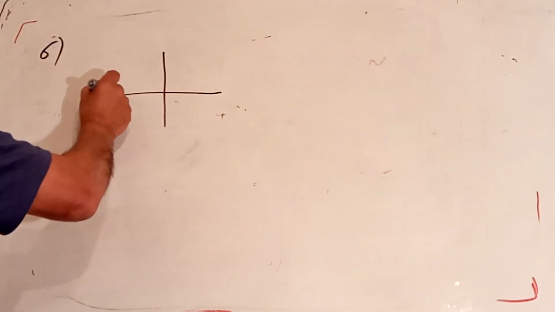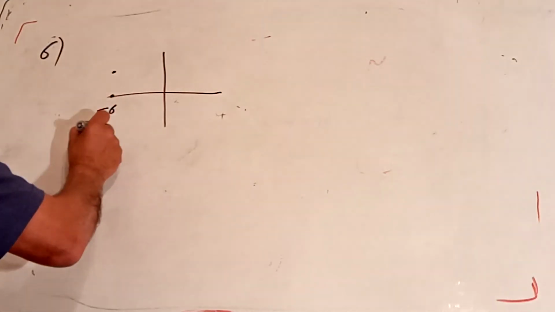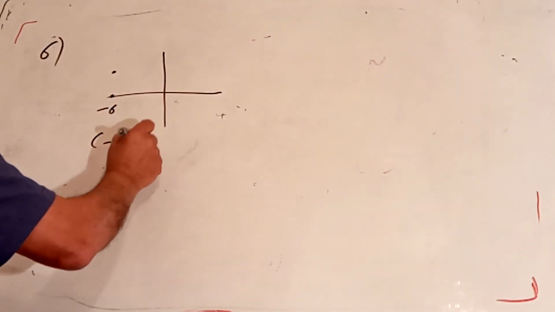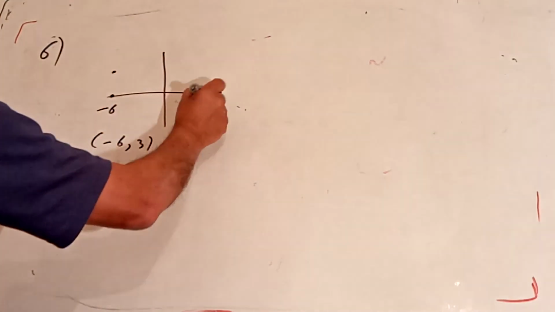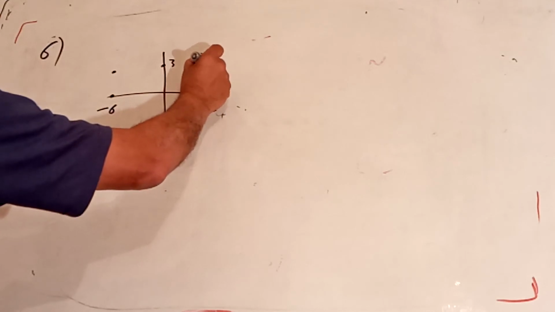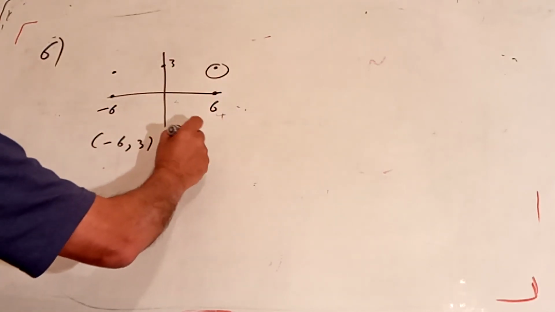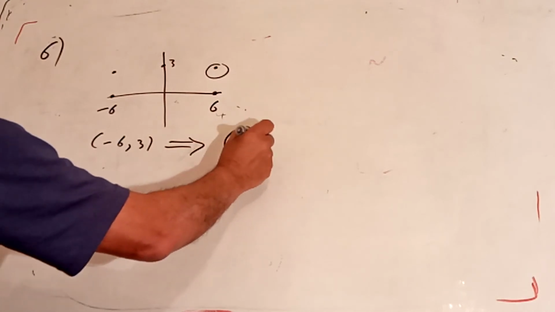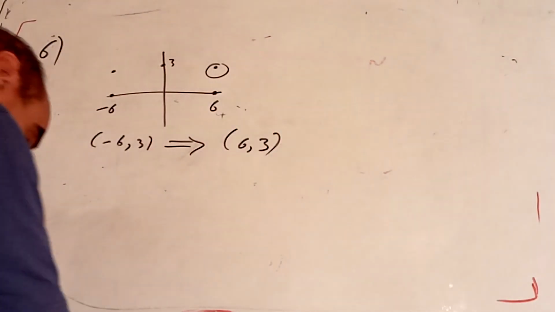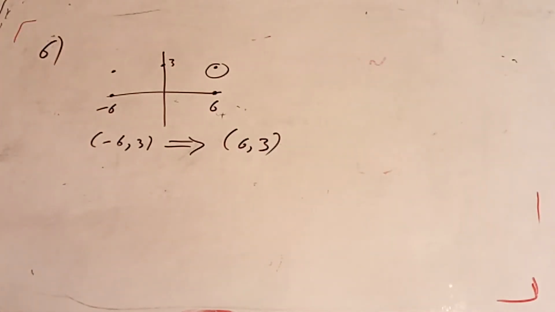This is -6, this is 3. This point will be reflected to here, to 6, and this is 3. So it will be reflected to 6 and 3. Same manner. This is number 6.